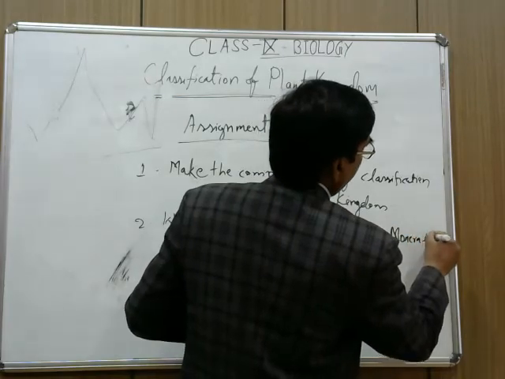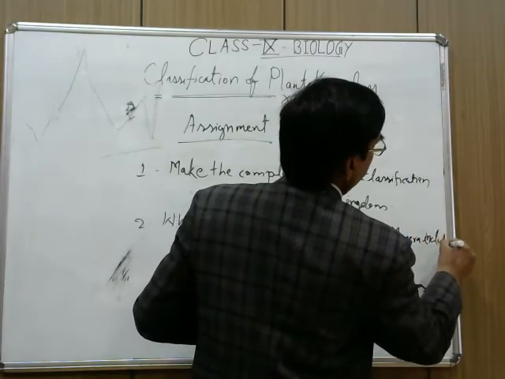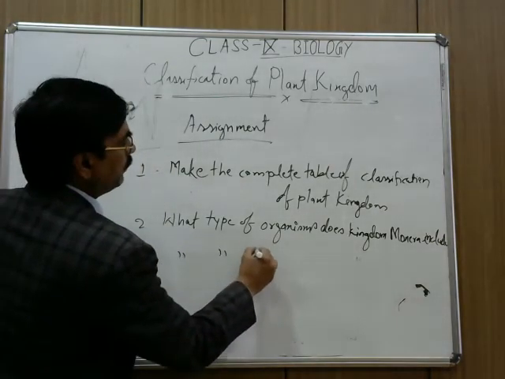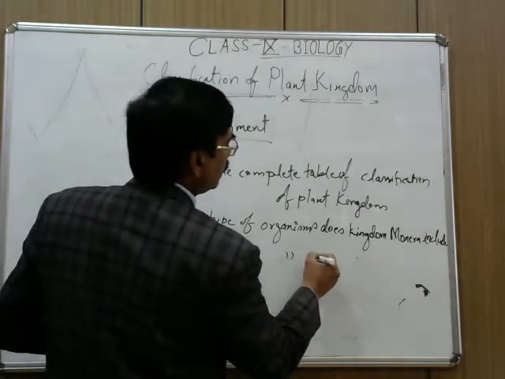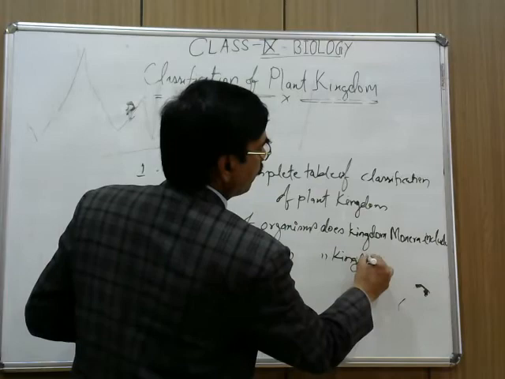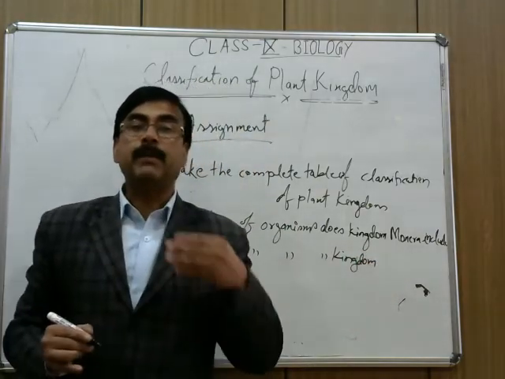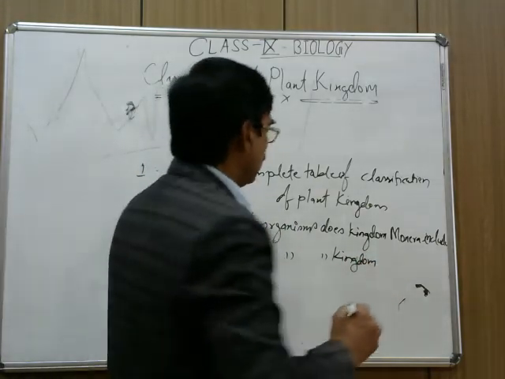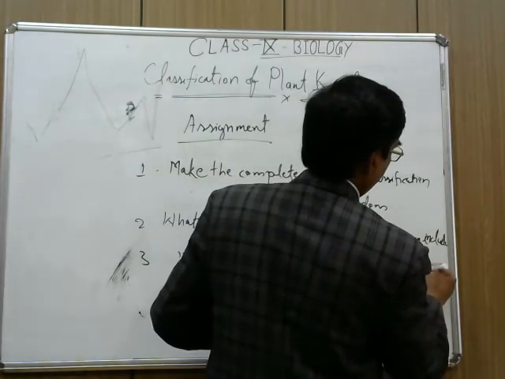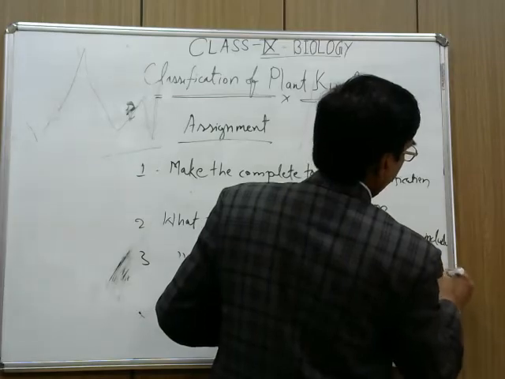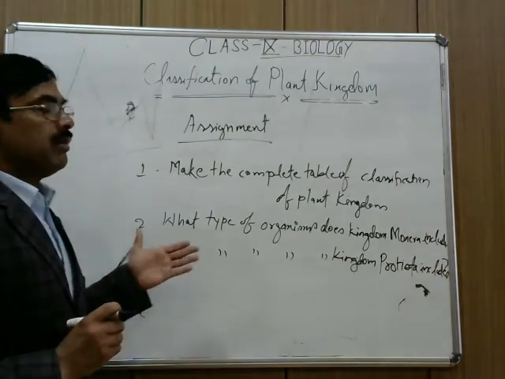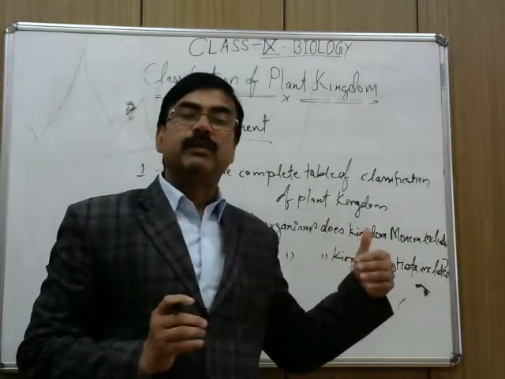Number 3, what type of organisms does kingdom Protista include. So you have to write the type of organisms present in each.